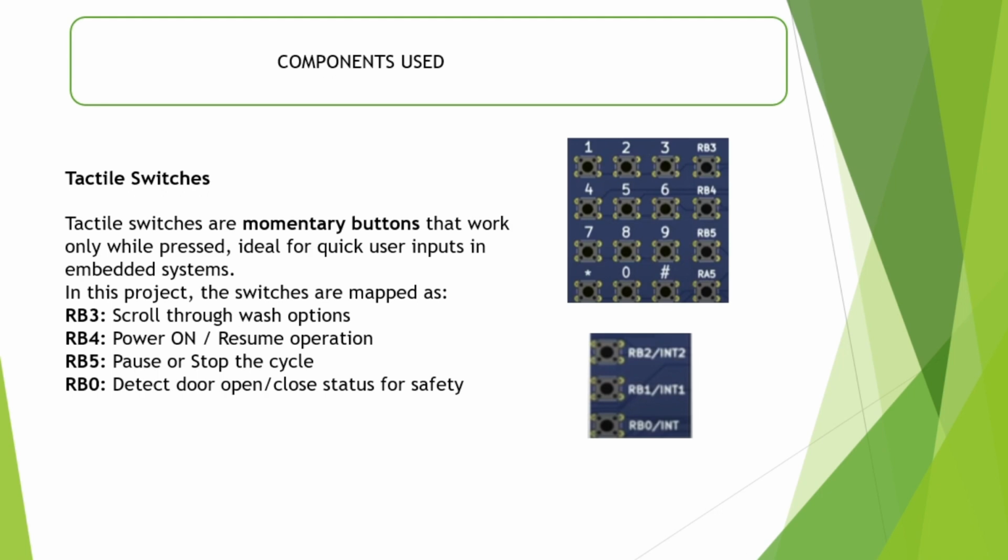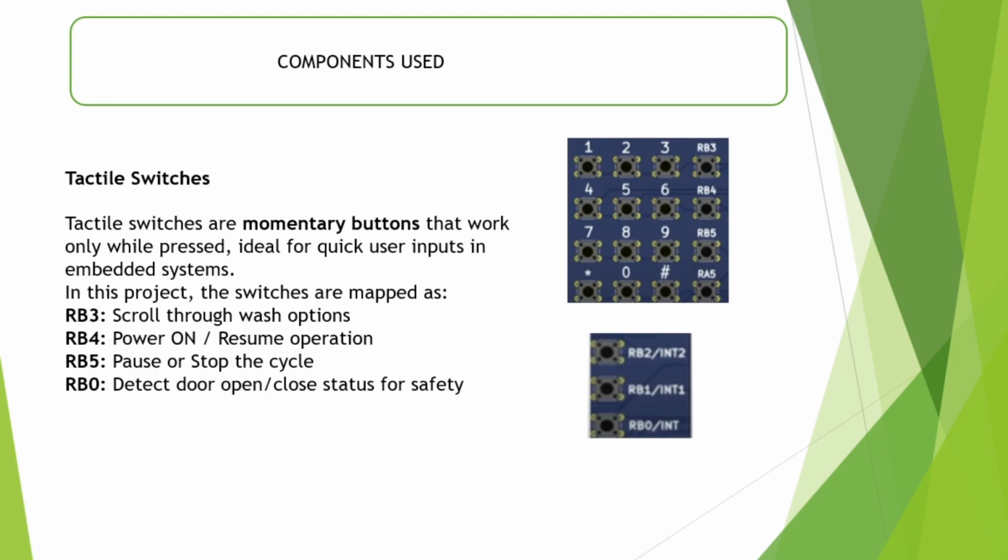And the RB3 is used to scroll through different wash options. So you can press this to choose between say a delicate wash or a heavy wash, and the RB4 is the power on or resume button. So this will turn the washing machine on or continue a cycle if it was paused.